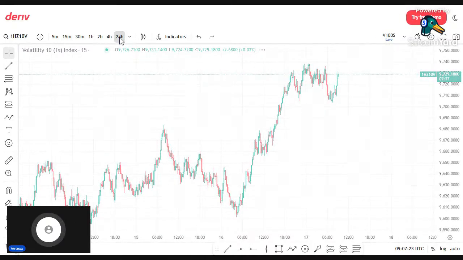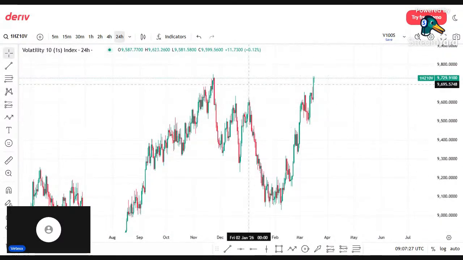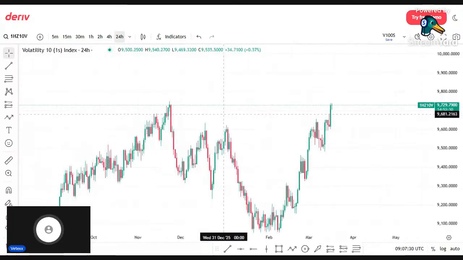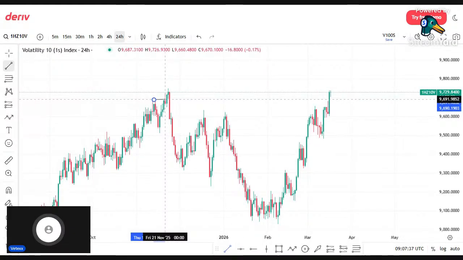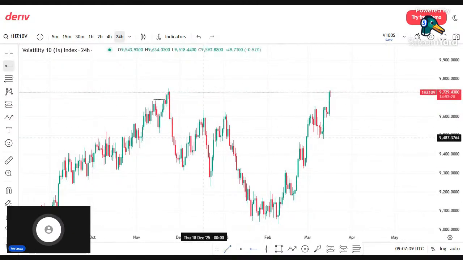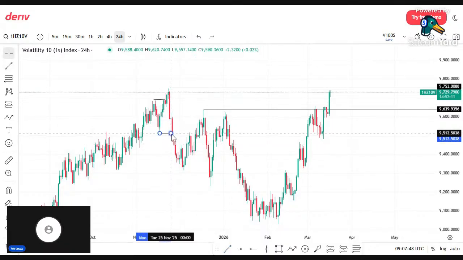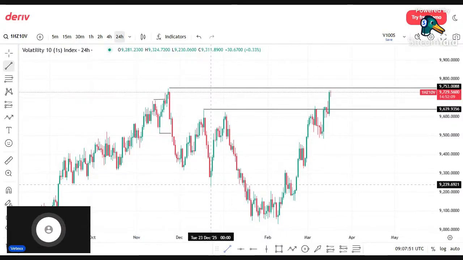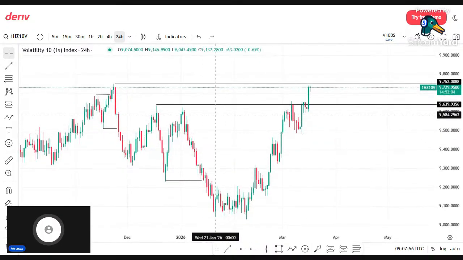Starting from the higher time frame, on the 24-hour time frame, V10S is bullish, and like I said yesterday, a lot of people want to sell V10S from this zone because on the 24-hour time frame you can see your sweep of liquidity, your protected high, your structural liquidity, and it gives you your first break of structure and also a second break of structure, which is an A plus higher time frame setup.